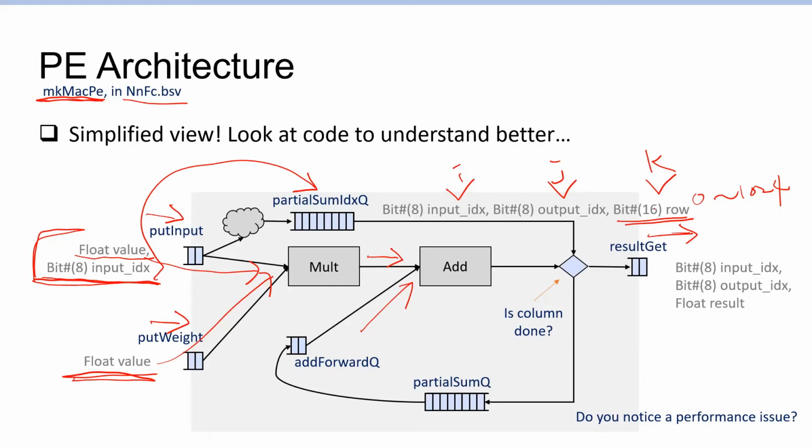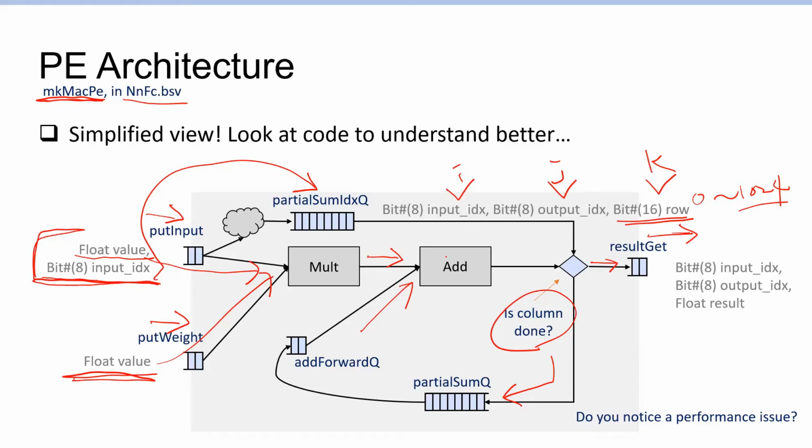So we finished calculating a single cell in the output matrix, and that gets pushed down into results. If the column is not done, if you're still at index 123, for example, the partial sum gets pushed into the partial sum queue so that it can be added again to the next tuple that comes in.